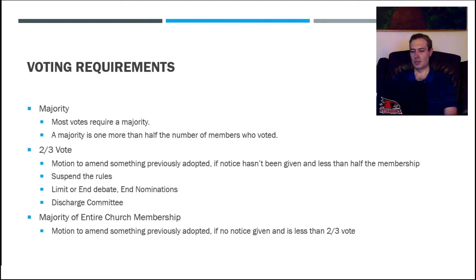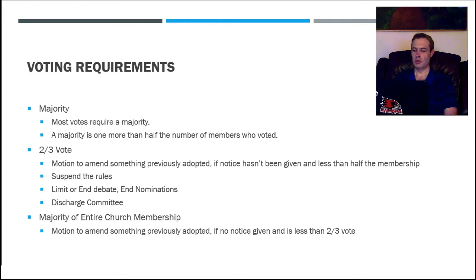But there is this statement about when that's less than half the membership. The actual rule on the motion to amend something previously adopted is the lesser of either a 2/3 vote or a majority of the membership.